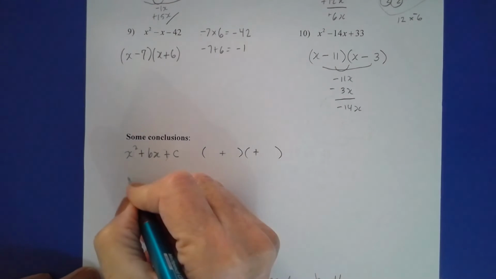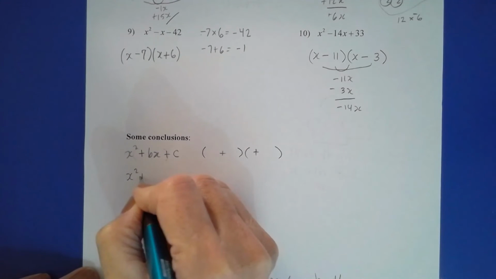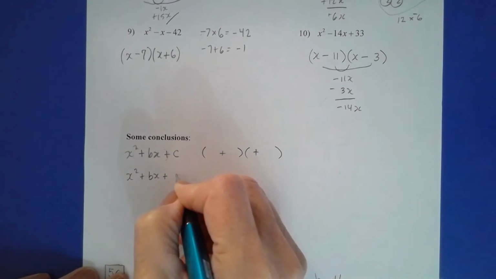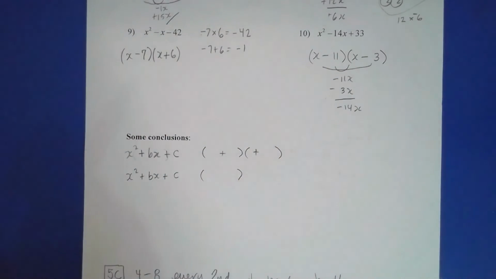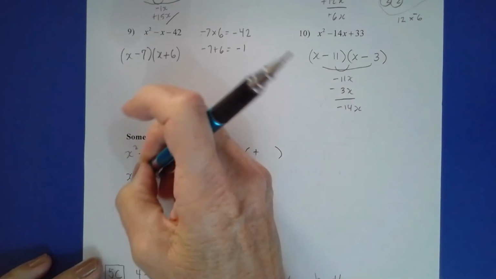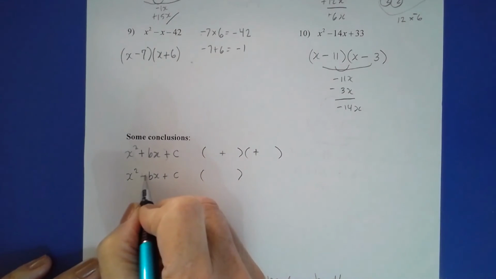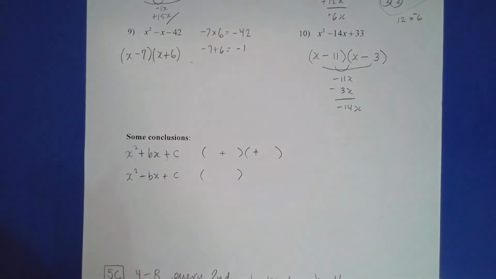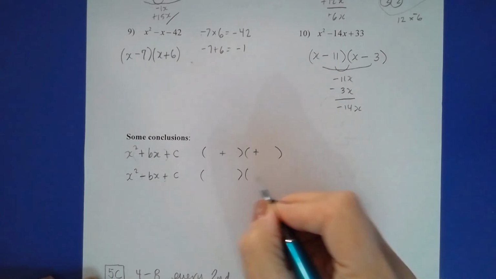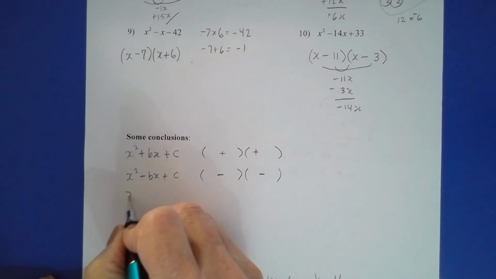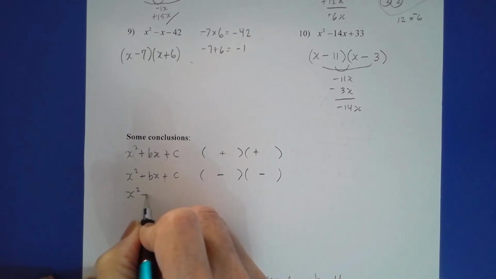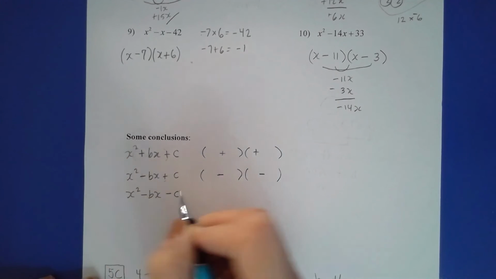What if you have something, I'm just putting in letters because I don't want to put in numbers. What if you have something where there's a negative here, but a positive at the end? Yeah, they're both negative. And what if you have a negative and a negative?